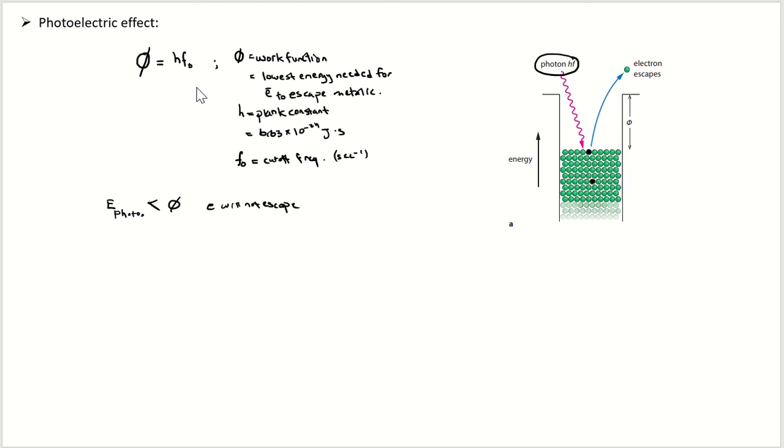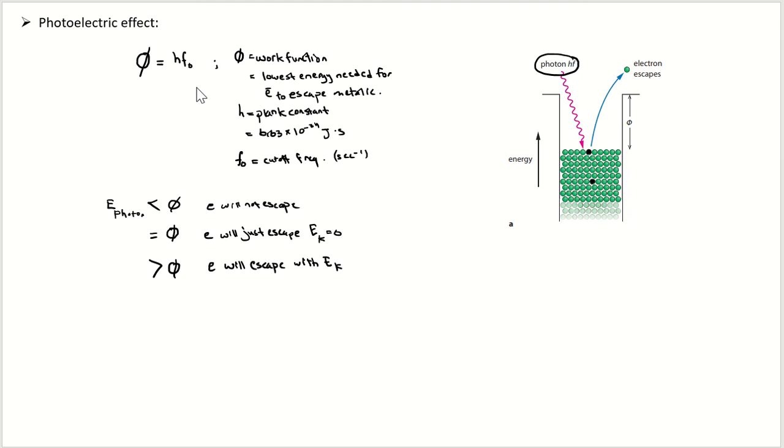While on the other hand, if this energy is equal to the work function, then the electron will just escape, so it will escape with a kinetic energy equal to 0. While if the energy of a photon is more than the work function, then the electron will escape and it will have kinetic energy.